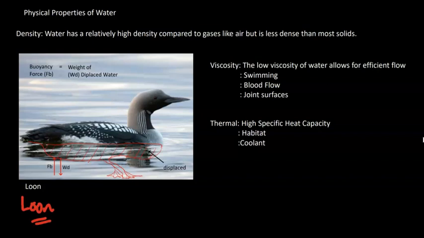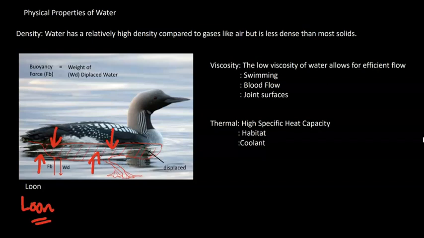And we know what's going on there is that we have the buoyancy force. The water is pushing upwards, and this is balanced by the weight of the displaced water in this direction here. And where they're balanced, then we have this phenomenon of floating.